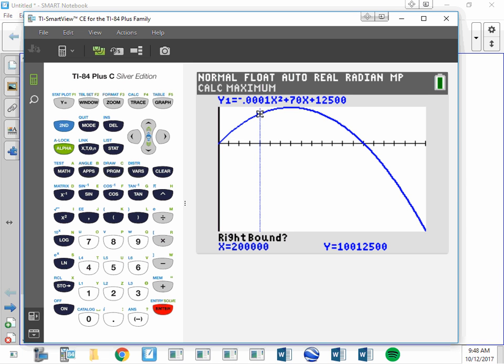You need to draw a lane that captures the vertex. Your calculators are a lot faster than mine, so you can just use your arrows and hit enter. But I need to come over here to like 400,000, and this calculator is just super slow.